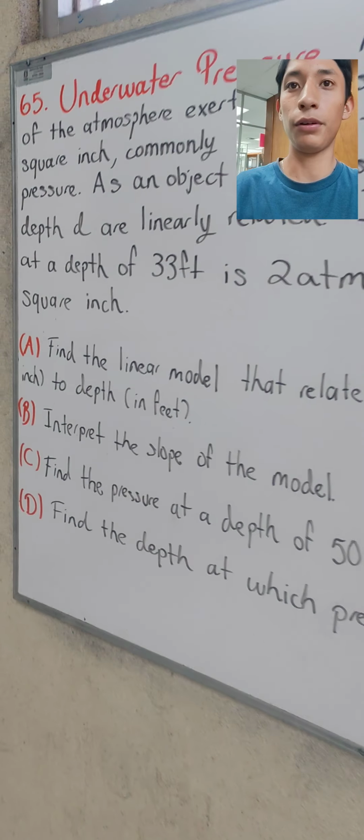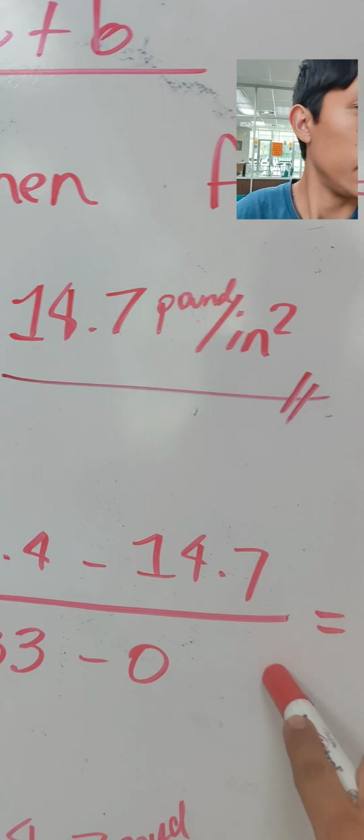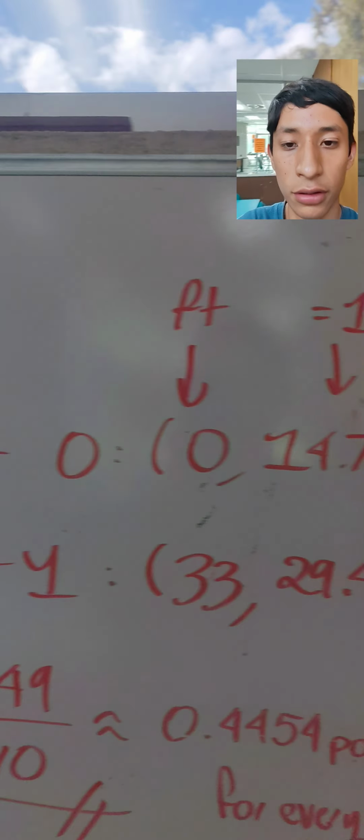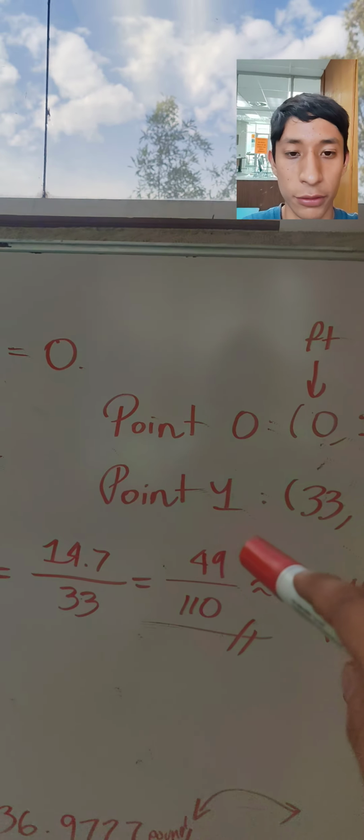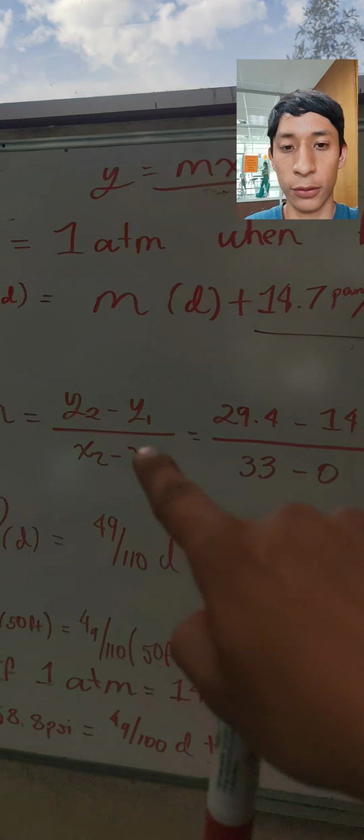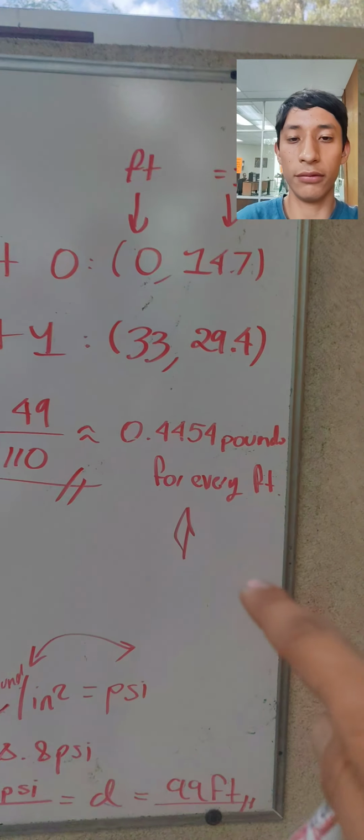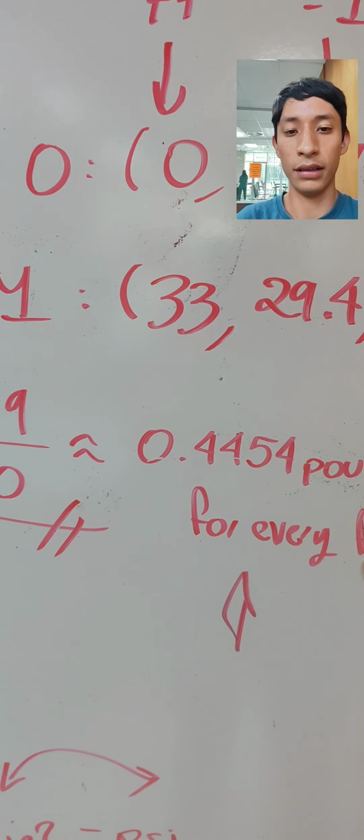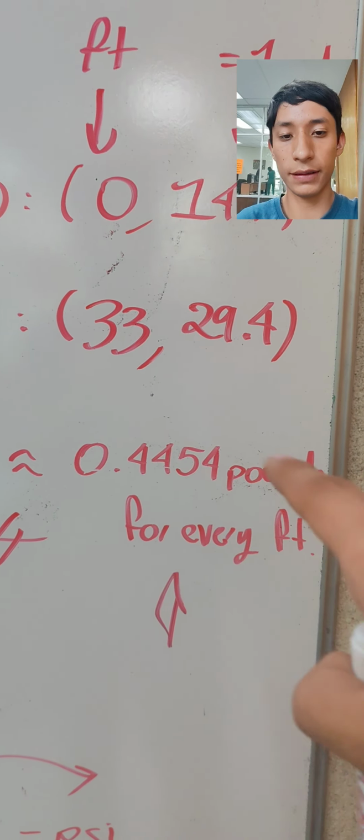And the next part, interpret the slope of the model. We have done that right here, because we took the point number 0 and the point 1 and we did that operation, and with that we are interpreting that every foot we go down, the pressure is going to increase.